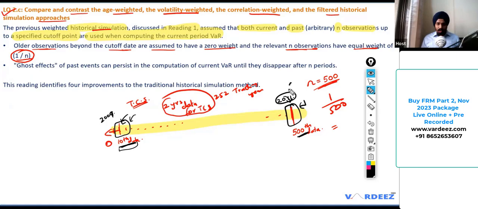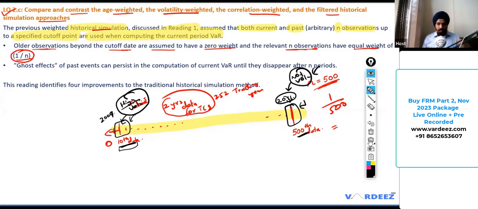But still, a non-volatile period, we are giving the same importance, and a higher volatile period, we are giving the same importance as well. So that's a problematic situation. And something that is highly volatile may not exist here.